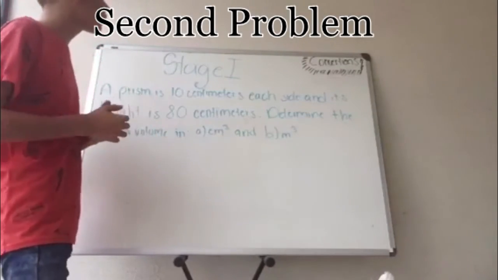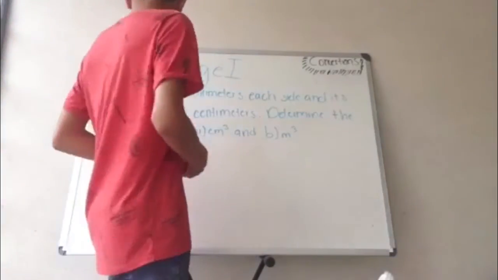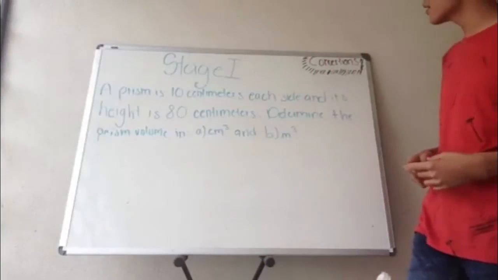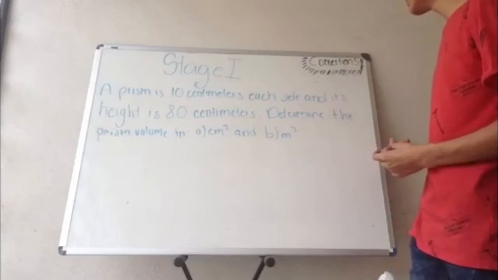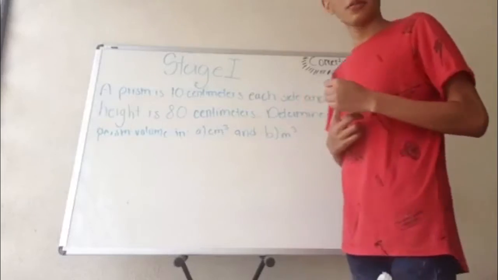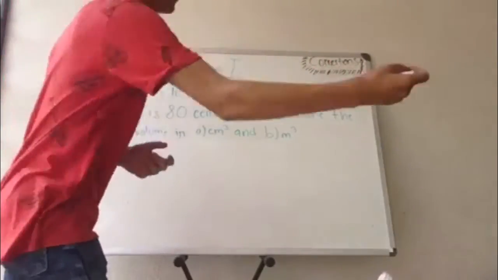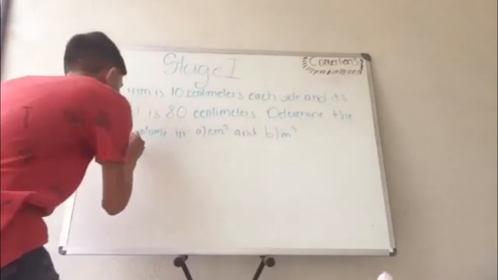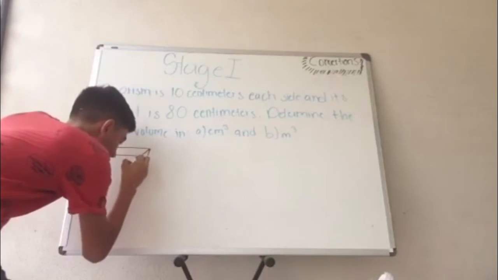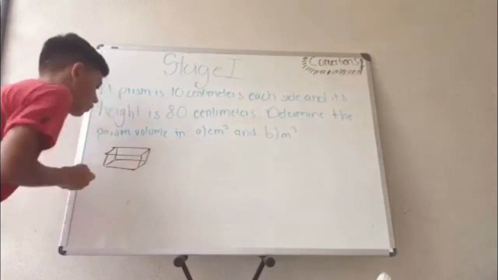The other topic that we saw in stage 1 was conversion with volume. So let's read. A prism is 10 centimeters each side and its height is 80 centimeters. Determine the prism volume in cubic centimeters and cubic meters. So that's the problem. Black marker, please. So let's draw the prism.